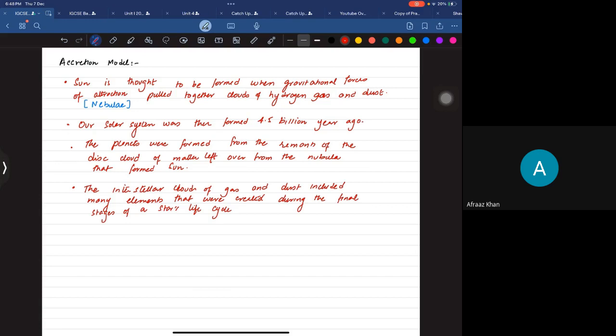The star's end life cycle happens when it goes through an explosion called a supernova.